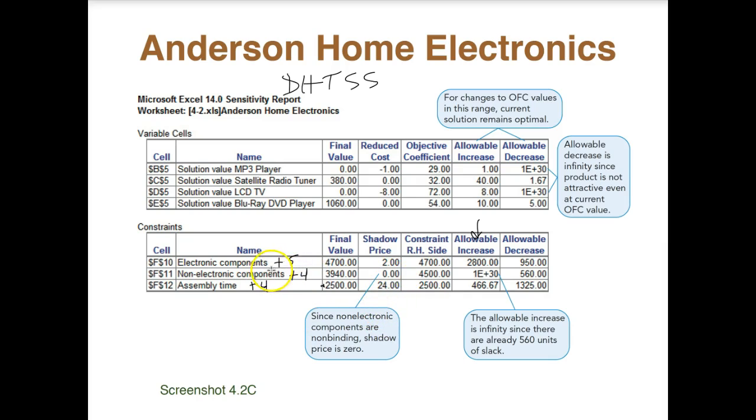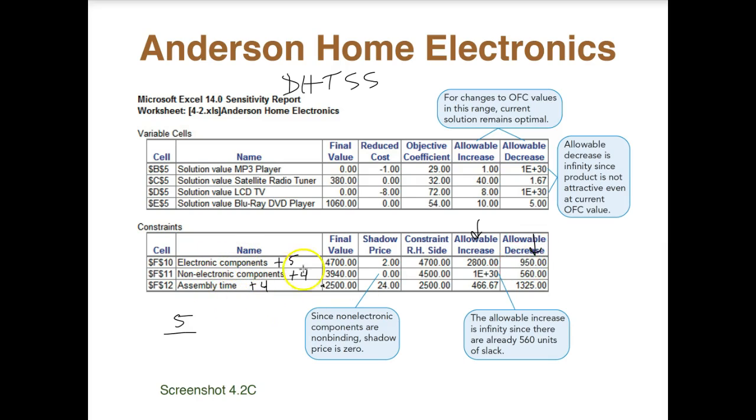Now, we know that for the electronic components, we're going to have a change of 5, and of course our allowable increase here is 2,800, allowable decrease is 950, okay?